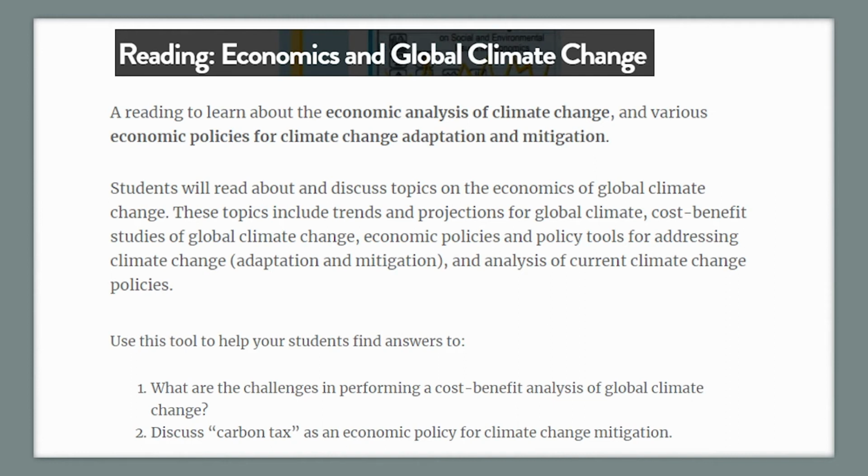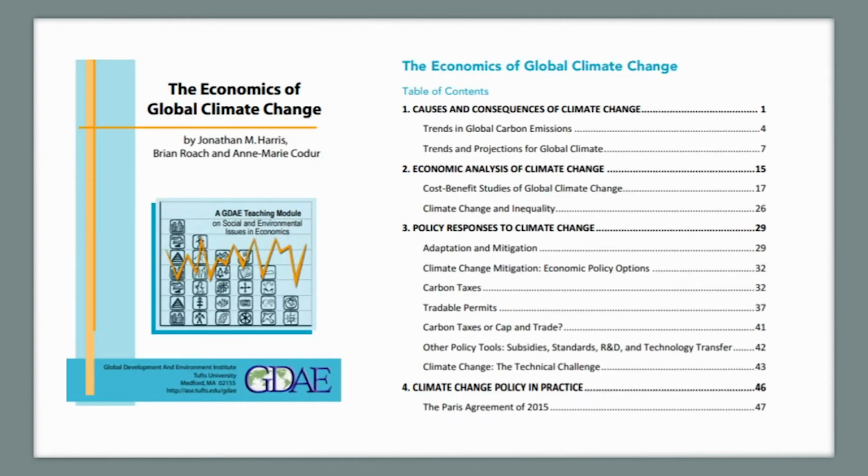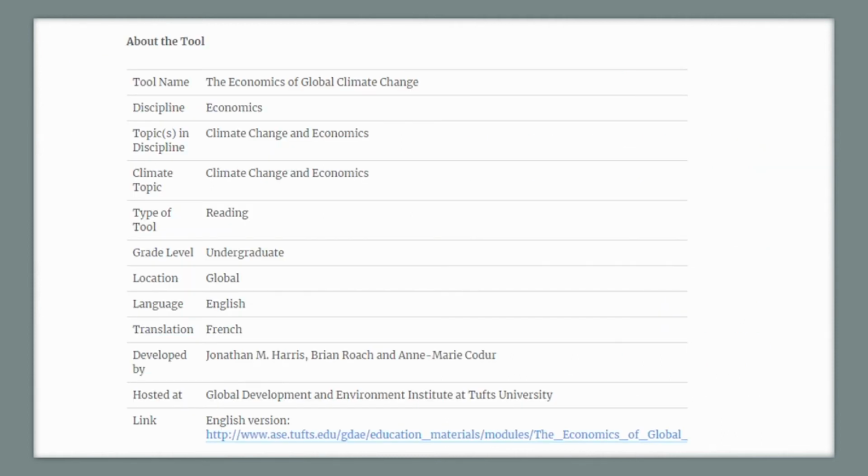These can include readings and discussions about trends and projections for global climate, cost-benefit studies of global climate change, economic policies and policy tools, and analysis of current climate change policies. This reading has been developed by Professor Jonathan Harris, Brian Roach, and Marie Coder, and is available at the Global Development and Environment Institute's website at the link shown here.